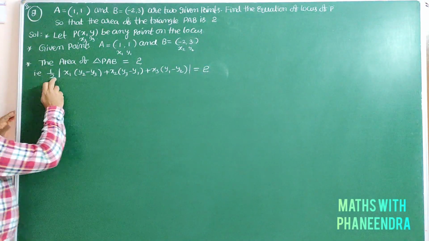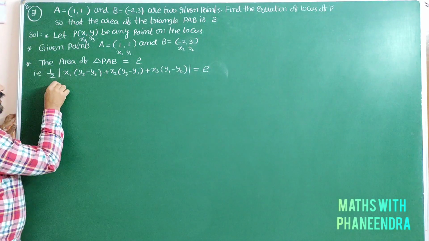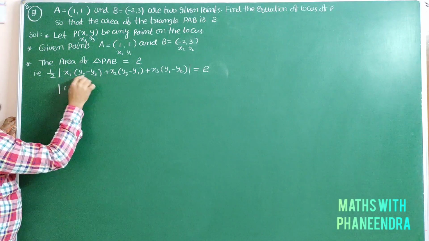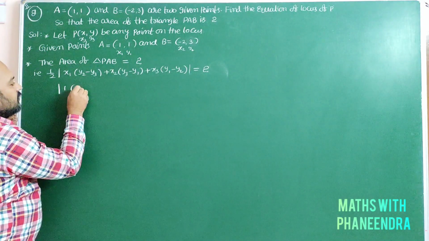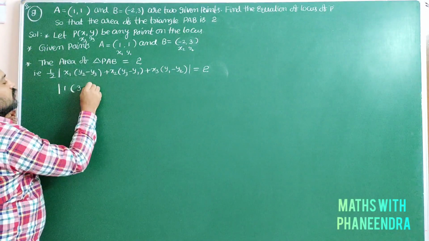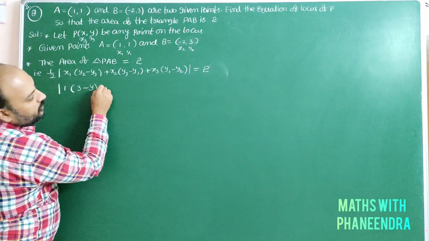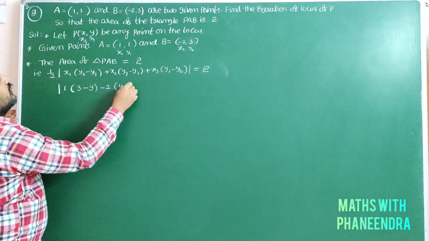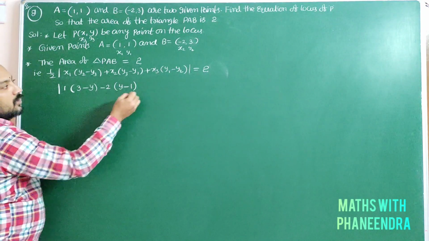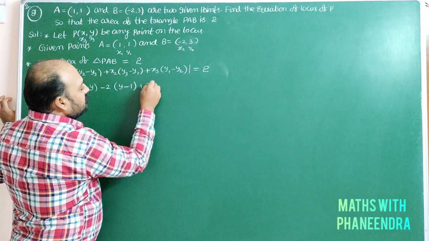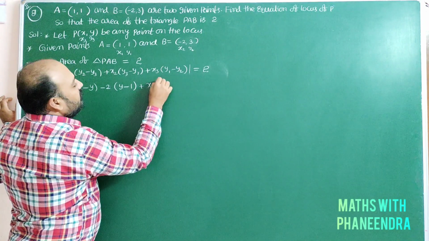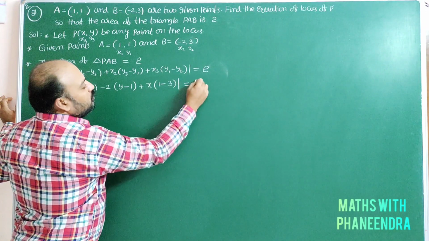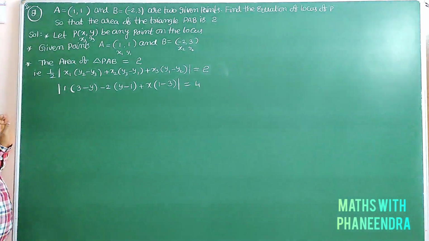So now 2 we can take here. Mod, x1 value is 1 into (y2 minus y3), y2 value is 3 minus y3 value is y, x2 value is minus 2 into (y3 value is y minus y1 value is 1), plus x3 value is x into (y1 value is 1 minus y2 value is 3) is equal to 2 2s are 4.